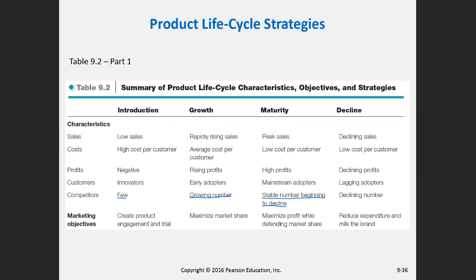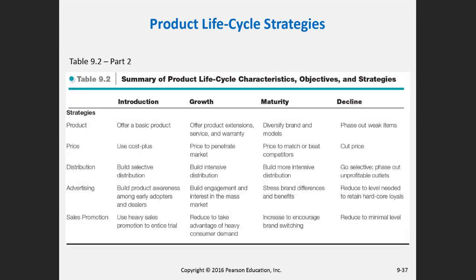And then decline, we've got a declining number of competitors because either their business is not strong, or they move on because they choose to move on. You can see that for each of the stages: introduction, growth, maturity, and decline.